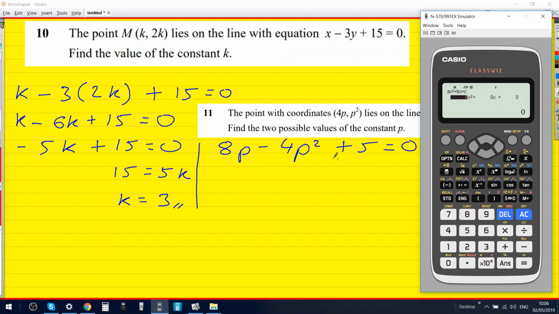So for this one, what is A, what is B, what is C? A would be 4, B would be 8, and C would be 5. Something's missing from the 4. 4p. Minus 4. Or minus 4. Yeah. And so you get two answers, either 2.5 or minus 0.5.